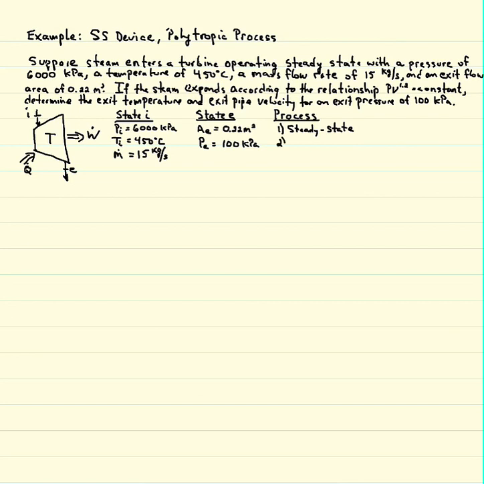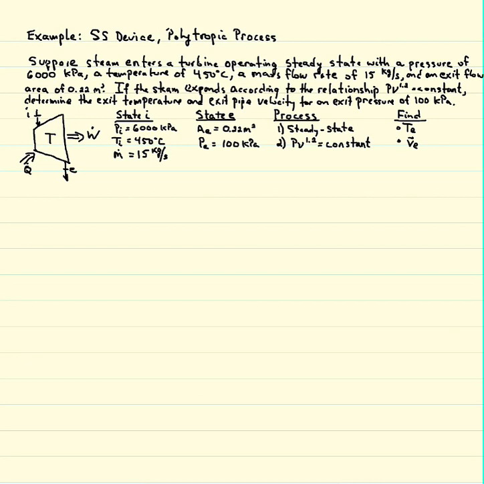And the second piece of information is that it follows this polytropic behavior. The steam, as it flows through the turbine, follows this polytropic relationship, which is that the pressure times the volume raised to the exponent 1.2 is equal to a constant. And then finally, the last piece of information that I like to write down is something to help me remember what it is that I want to find. There are two pieces of information. One, I want to find the exit temperature. And two, I want to find the exit velocity, v sub e.